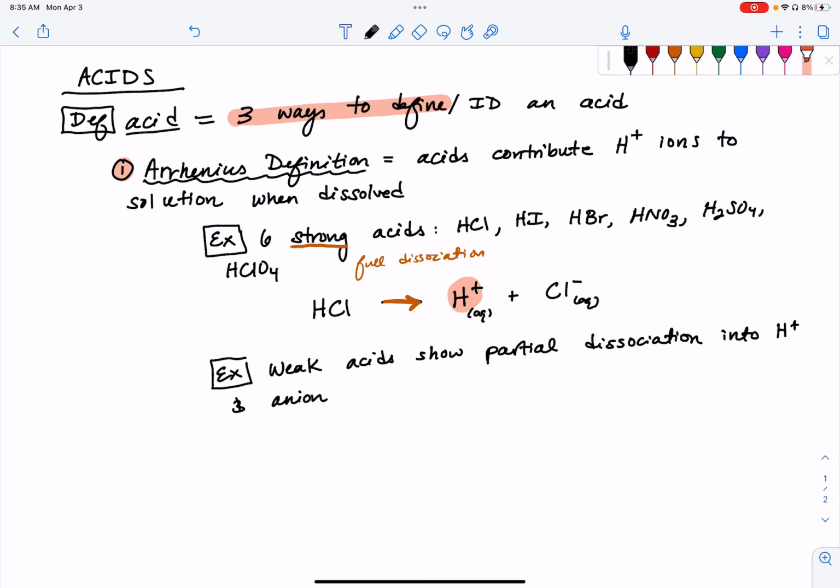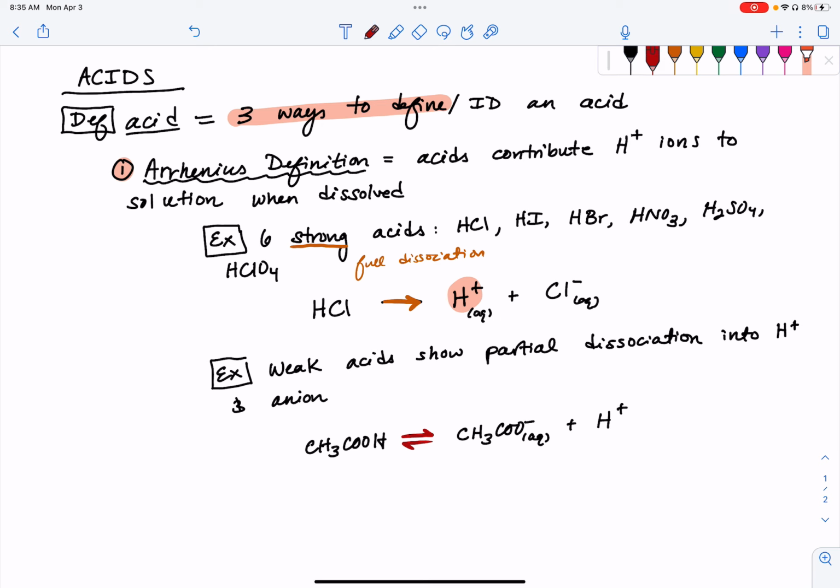For example, acetic acid, which I write as CH3COOH, in solution would show only partial dissociation into the acetate ion and that acidic H+.